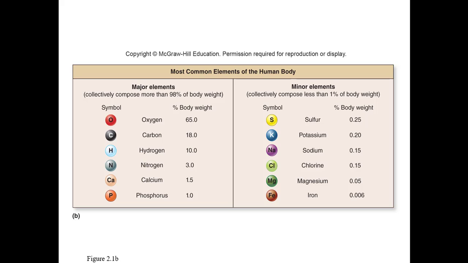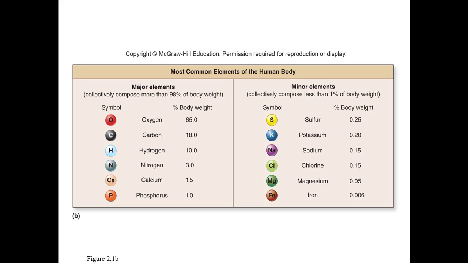Now when it comes to the exam and when it comes to biology, the most common elements are what I call CHO-N. CHO is C-H-O and then N. Now what that stands for, CHO-N, is carbon, hydrogen, oxygen, and nitrogen. I'll repeat them.